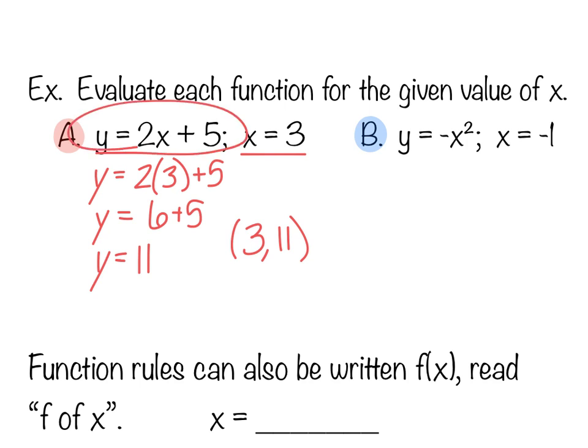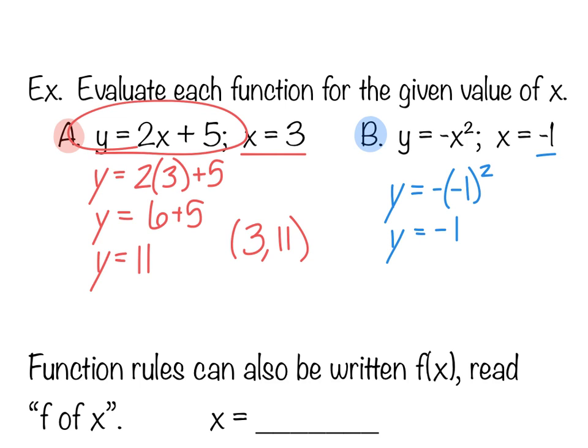And then for b, this is not a line. This is non-linear, right? Because of the squared, the exponent there. We can still plug in -1, though. So if we plug in -1, y equals negative, so when I'm plugging in, I'm going to use parentheses here. So I'm squaring -1. -1 squared is +1. But then there was a negative in front of the x as well.